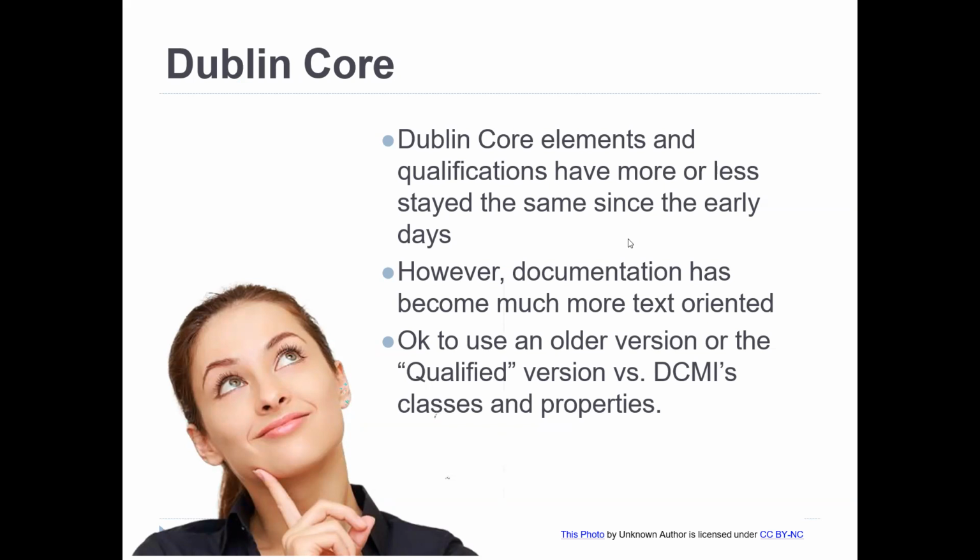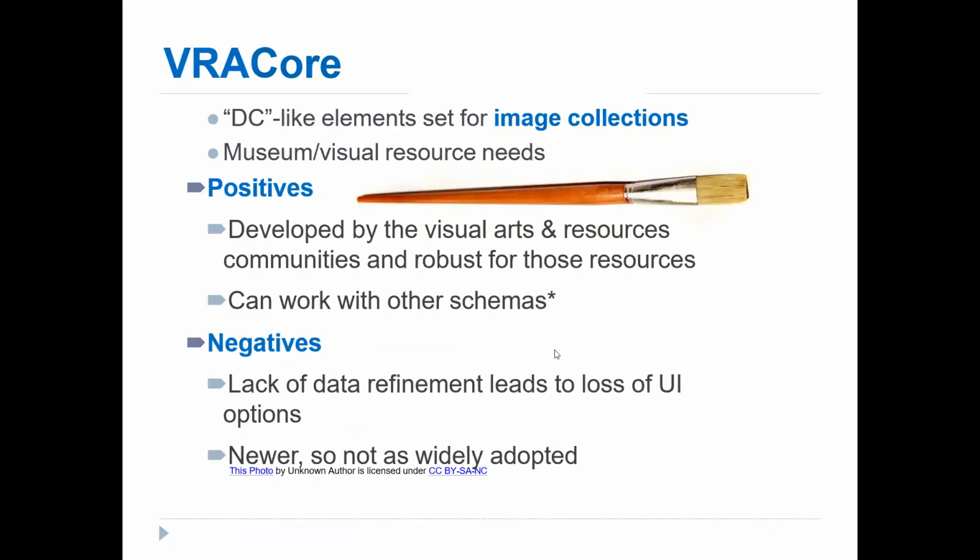Now, if you start looking at the Dublin Core 15 element set, and that's not going to work for you, then you certainly could take a look at the classes and properties in the newer one to see where things have expanded a little bit to see whether or not that helps, or you may need to look at another schema entirely. And that's part of the purpose of doing this evaluation, to look at the schemas and make those kinds of decisions.